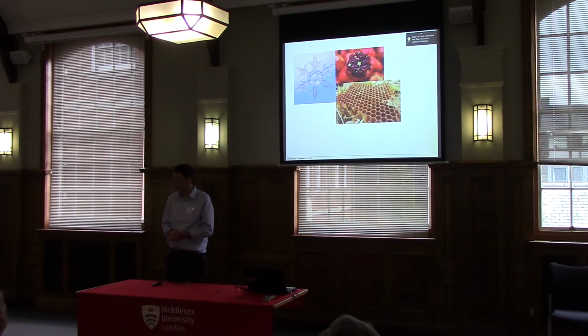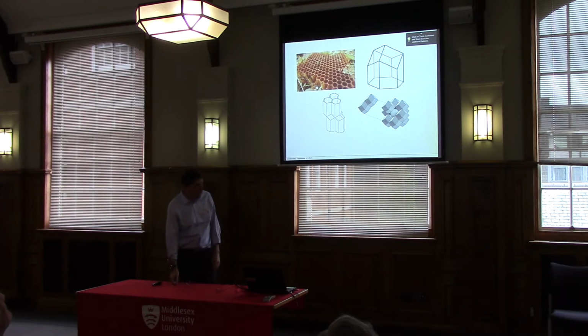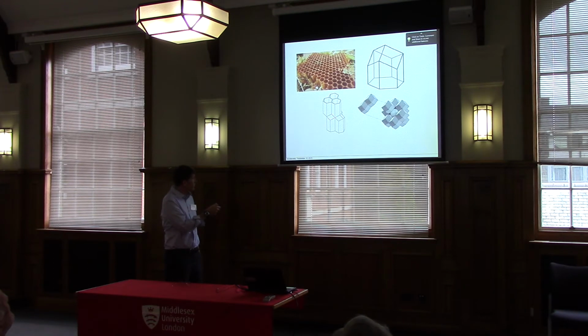He turned to the honeycomb, and looking at its structure, if you look at the base, here I've shown a 3-dimensional picture of honeycomb cells. In the base you get rhombic faces, and here again is the base of a honeycomb cell.